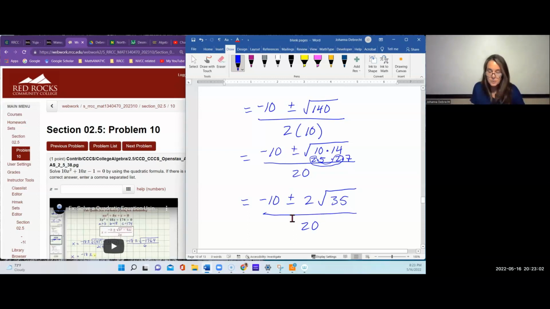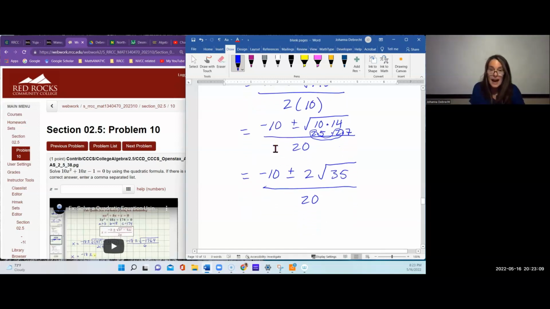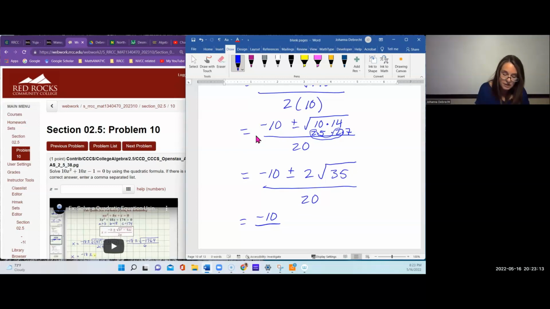Here's the difficult part of this method. Some students want to reduce the 10 over 20 and forget that the 2 is also being divided by the 20. I highly recommend that you split it into two fractions. This is negative 10 over 20 plus or minus 2 square root of 35 divided by 20. Both terms in the numerator are divided by 20.